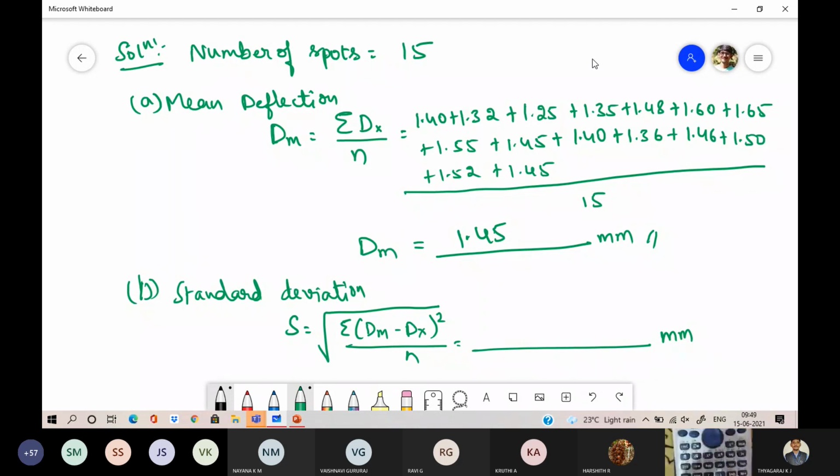You have to always enter the value and then press equals. Then 1.36 equals, 1.46 equals, 1.50 equals, 1.52 equals, 1.45. So we have entered 15 readings.